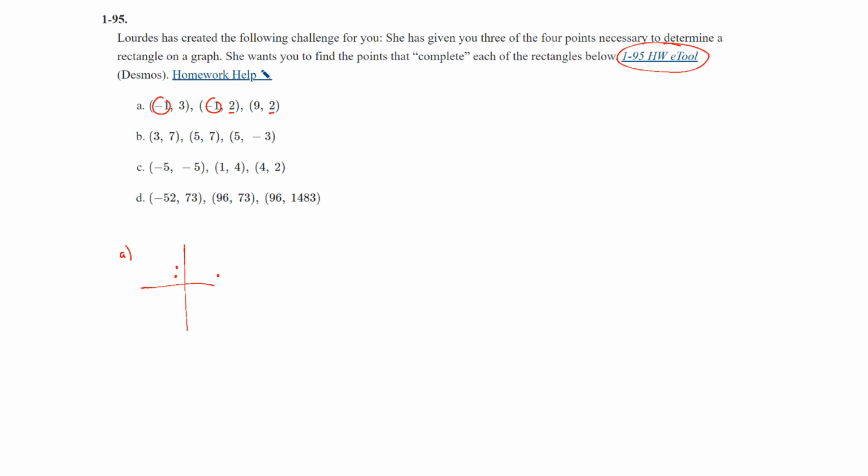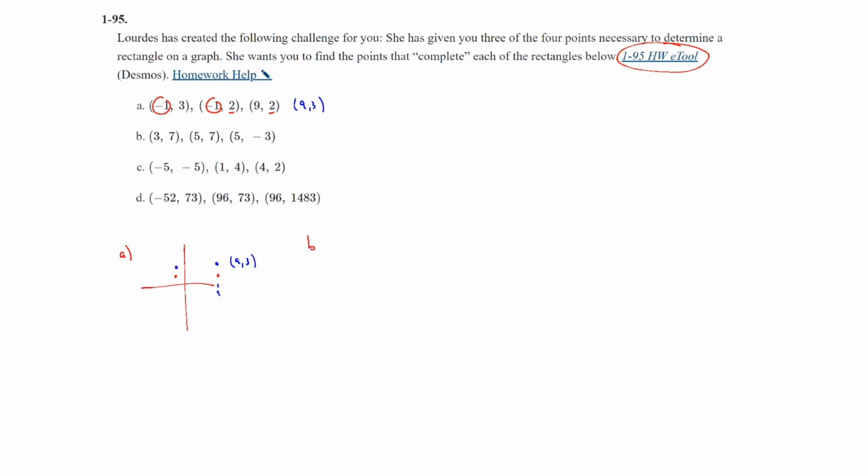So then the other point has to be right here to make it a rectangle, which means it would be at 9 comma, because we know that one point was at 9, and the other was -1, 3, so 3 would have to be your highest. So the 4th point on this one would be at 9, 3 to create that rectangle on the graph.